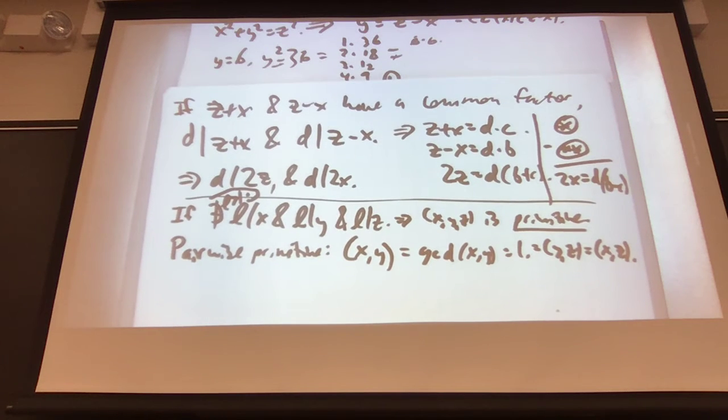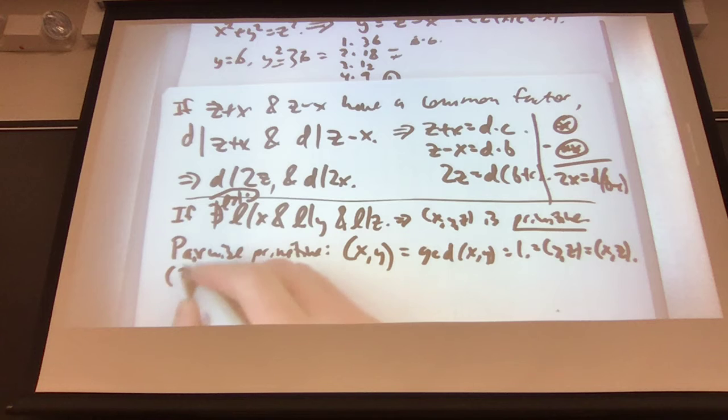Because if say z was 1, then x and y could be anything, and that would make the whole thing primitive. Yep. So Stephanie's example is, look at 2, 4, 1.